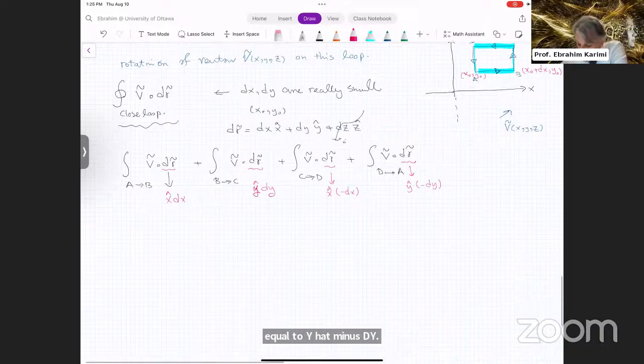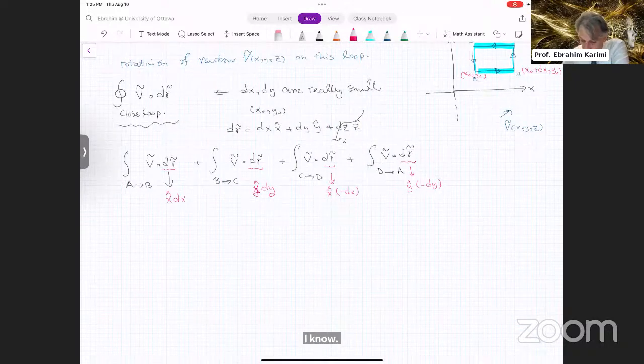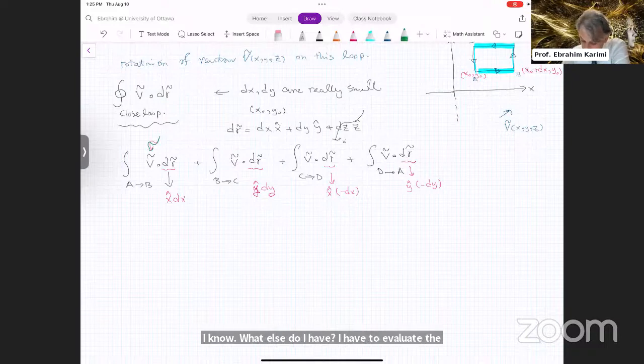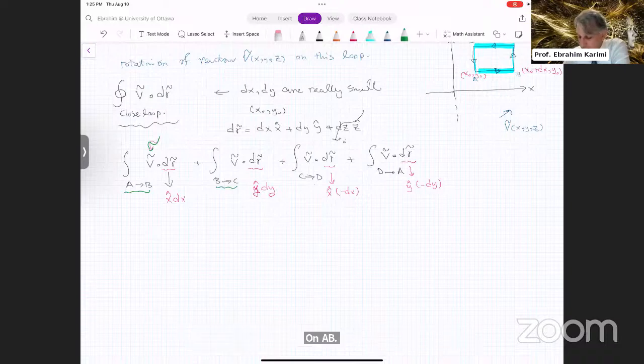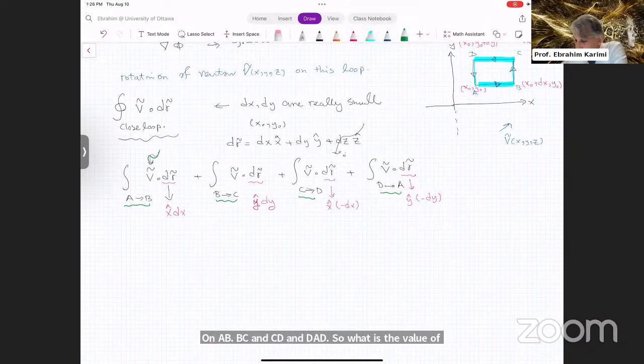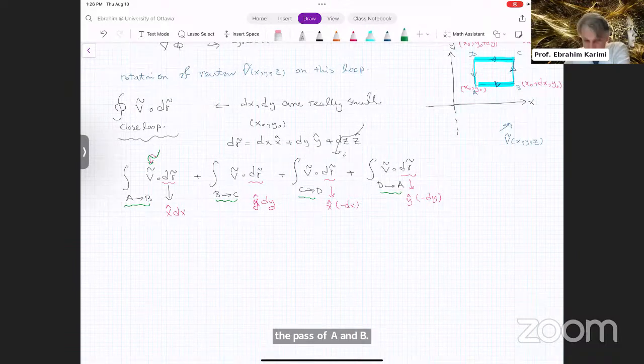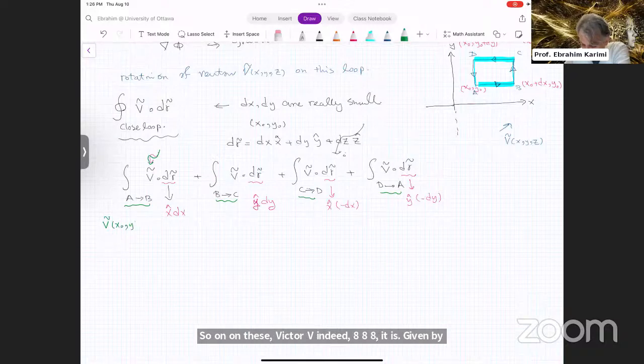And now, what else do I have? I have to evaluate the vector v on AB, BC, CD and DA. So what is the value of vector v on the path of A and B? On this path, it is given by vector v at x0, y0.